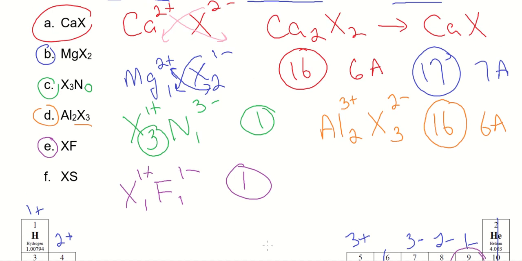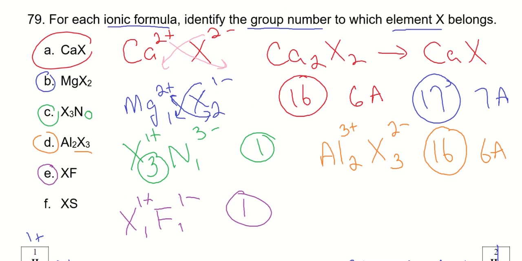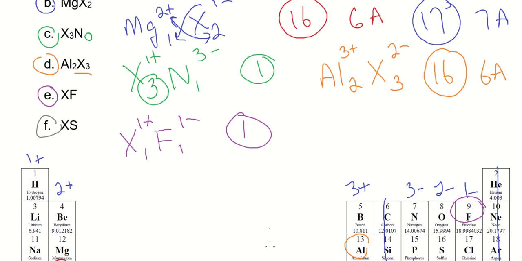Now, finally, let's go with gray. There you go. For F, X is again a metal cation, and that is ionically bonded to sulfur, which is group 16. So again, let's start with what we know.